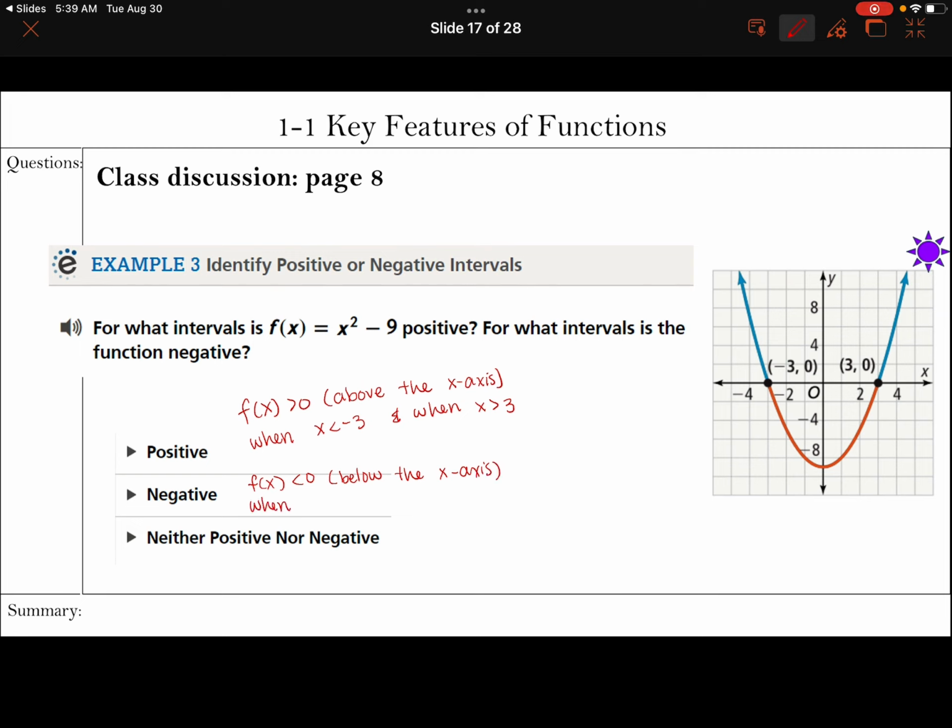That is between the x-intercepts of -3 and 3. So this whole area, orange, is below the x-axis.